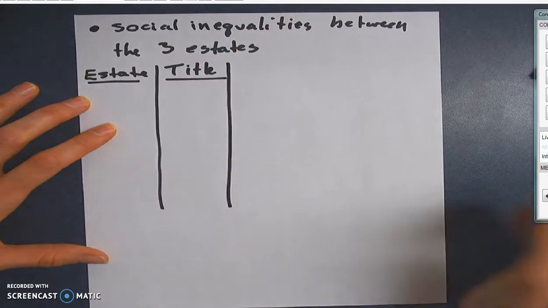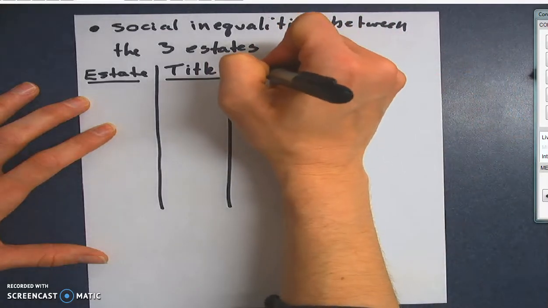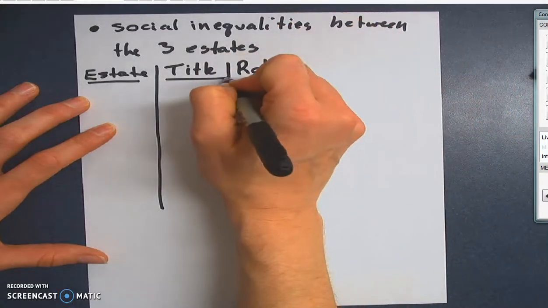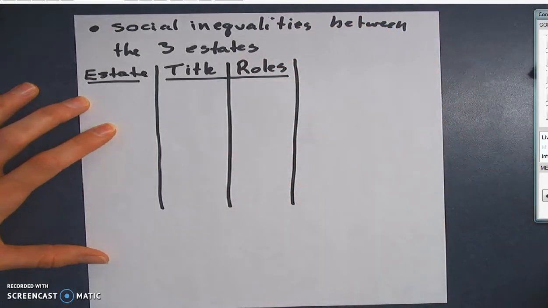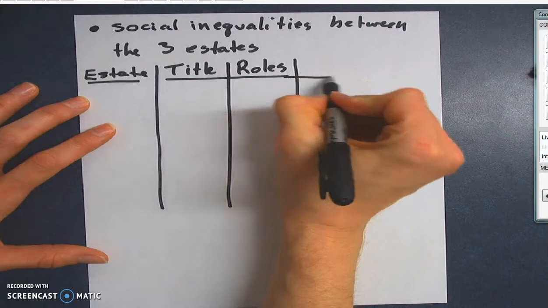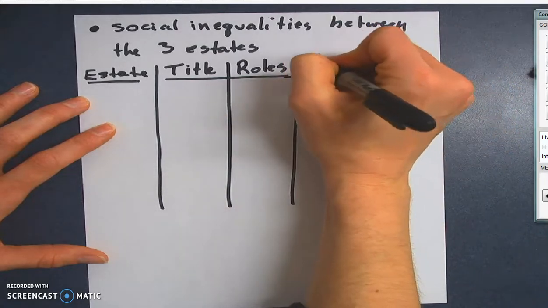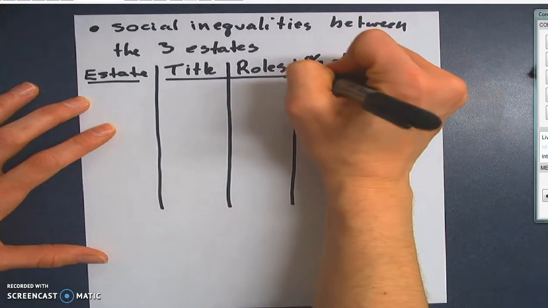The next column is going to be their roles, what were their roles in society. And then finally, percentage of population.